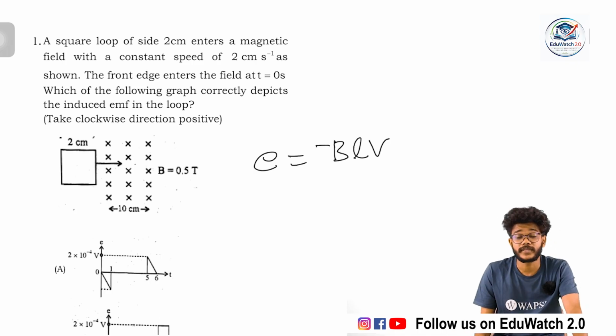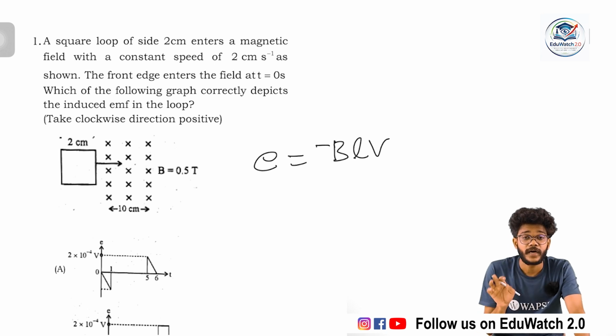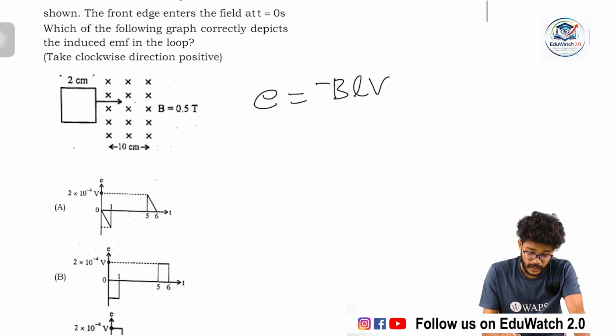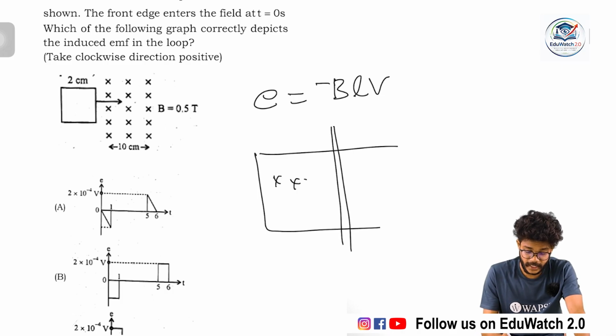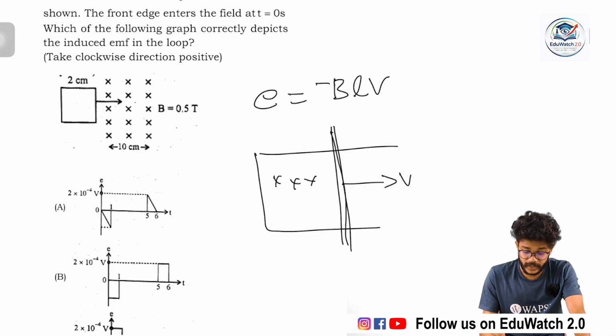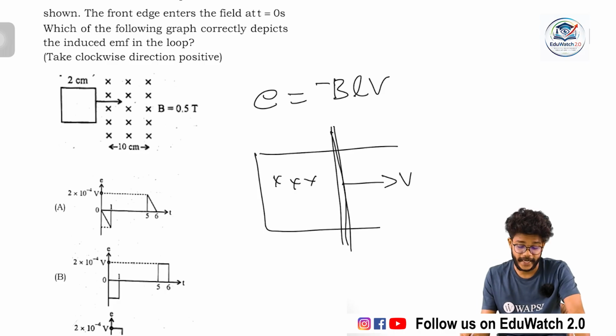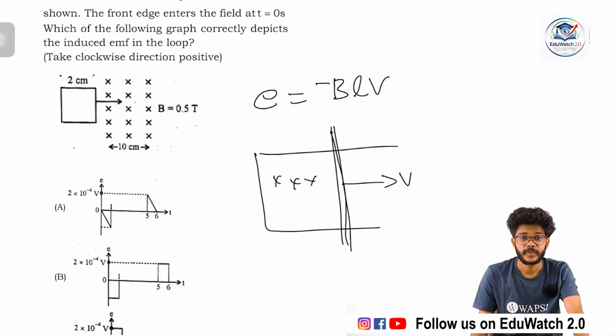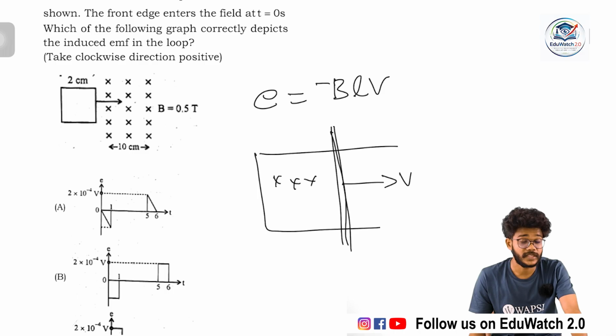Inside your textbook there is a problem which gives an area placed in a magnetic field, and a rod that is free to move, and while it moves with a velocity v, we have the equation minus BLV. Here v is the velocity, not potential.